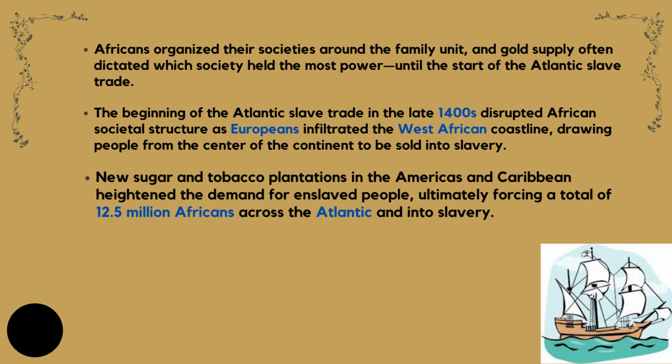New sugar and tobacco plantations in the Americas and Caribbean heightened the demand for enslaved people, ultimately forcing a total of 12.5 million Africans across the Atlantic and into slavery.